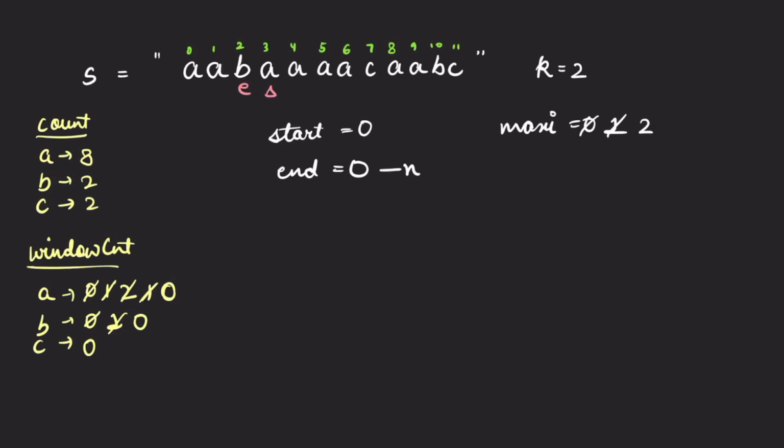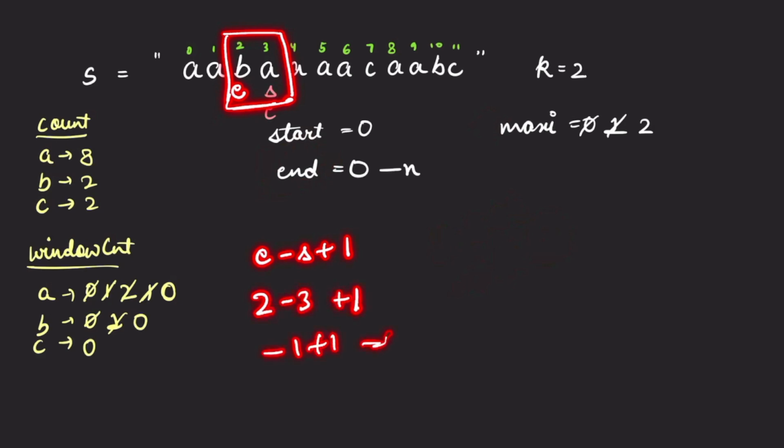So now we will again move this end by 1, so end will come here. Also, when end was here, you would have considered this window too, but it is not a valid window. When you take their difference, end minus start plus 1, which is 2 minus 3 plus 1, that is 0.